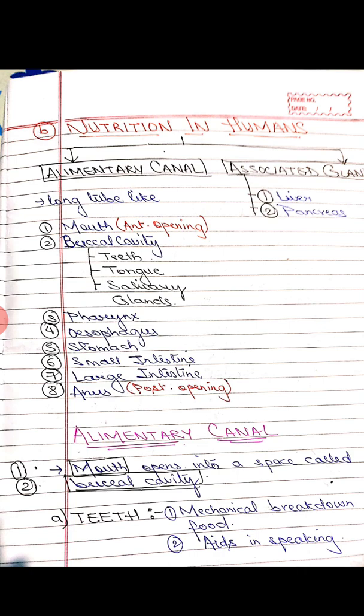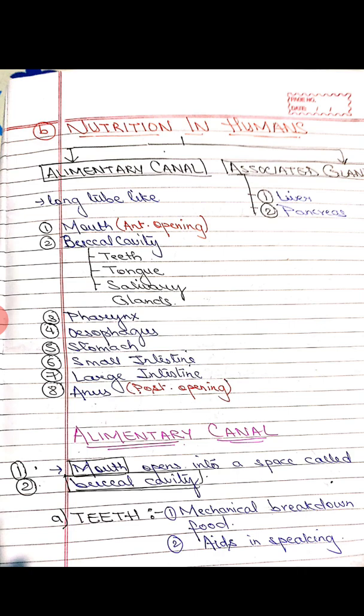Different teeth help us in cutting, grinding, chewing, or tearing the food. Overall, if we combine the functions of teeth, they help in the mechanical breakdown of food. That means our teeth help in chewing the food.